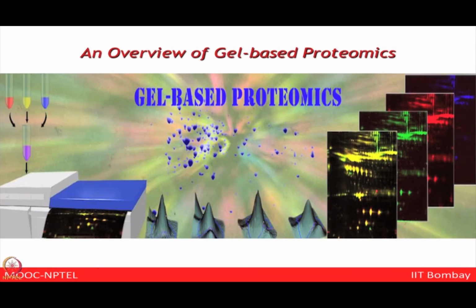So, in this slide gel based proteomics comes very first, because all of you have studied at least some level of gels, SDS-PAGE gel or even 2-dimensional gel electrophoresis, or the advanced form of gels which is known as DIGE or difference in gel electrophoresis. So, the study of looking at the proteome or separating proteins on a gel has been around for a very long time.